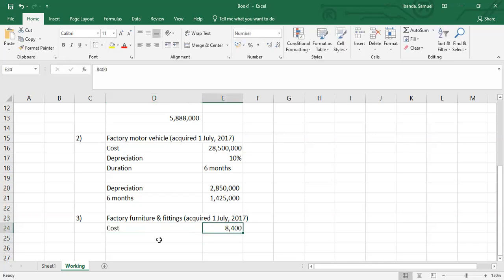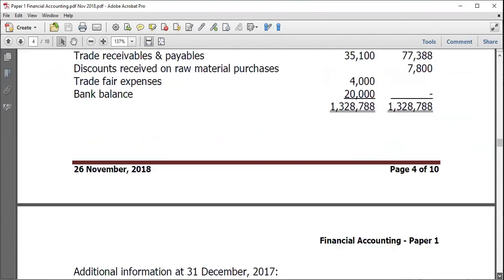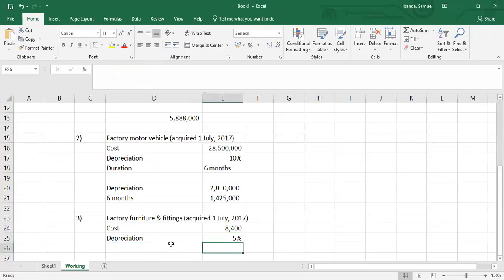This is the cost. And then what I'll basically do is get my depreciation method from my additional information. Furnitures and fittings, I want to see how they are depreciated. Furnitures and fittings are also depreciated on cost, which is very, very good news. So this is 5%. What this means with depreciation is that this one has also been here for 6 months.